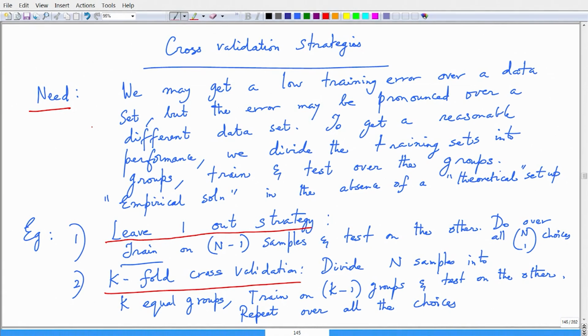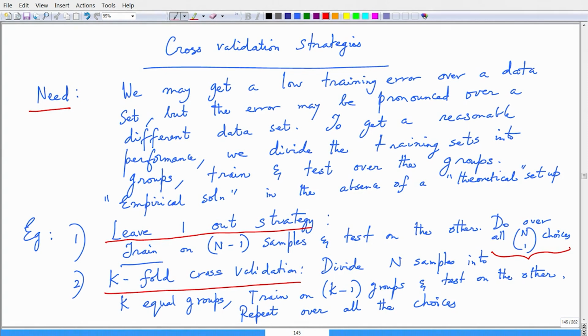Typically there are two modes. One is a leave one out strategy. So, in this case imagine you have n samples, we train on n minus 1 samples and test on the other. So, we do this for n choose 1 choices, and this is feasible because n choose 1 is n.